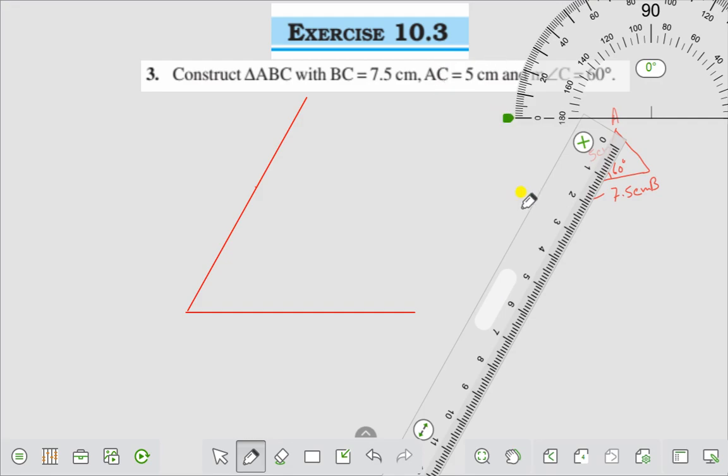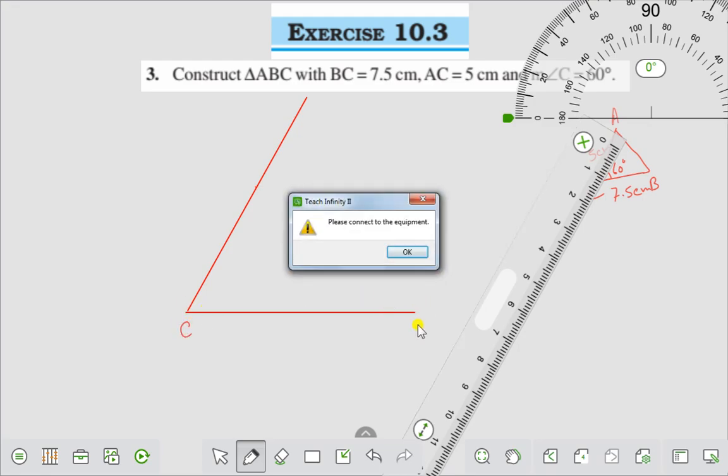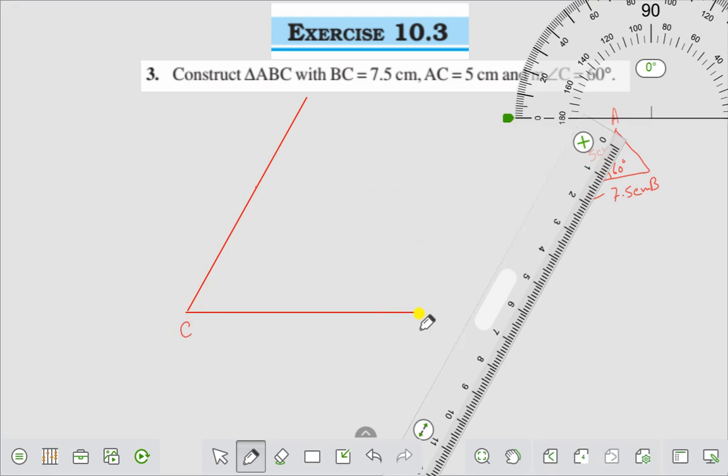Now, you have to take AC. This is C, and this point is B. BC we have taken as 7.5 centimeter, and we have taken this angle as 60 degrees.